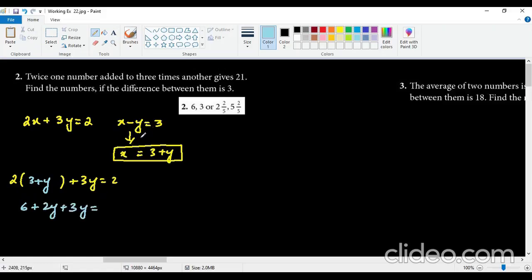Actually, it is 21, not 2. So 21 minus 6. This is going to give us 5y equals 21 minus 6.